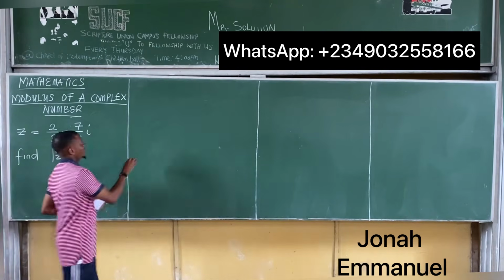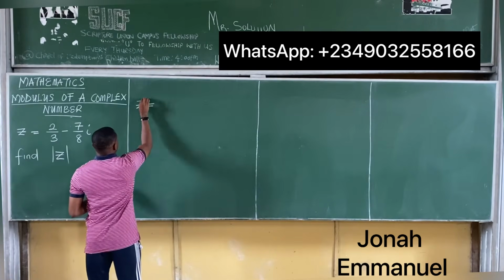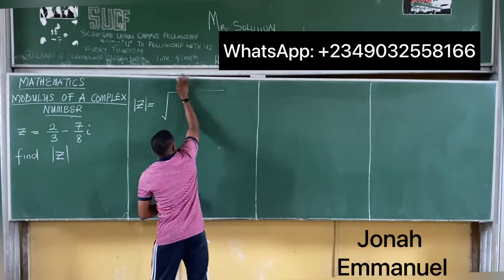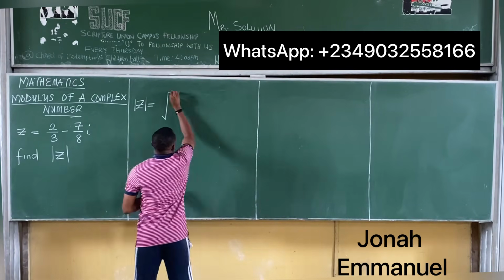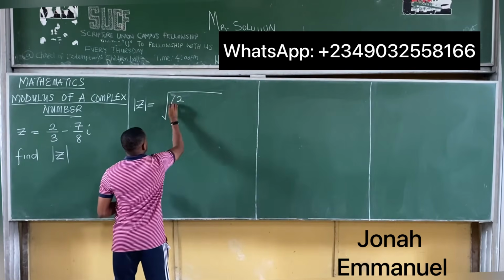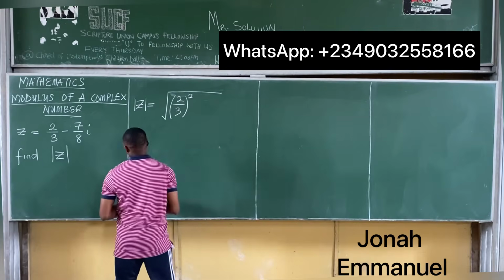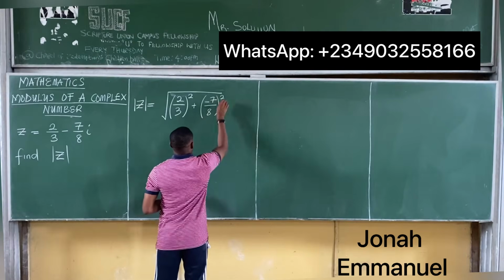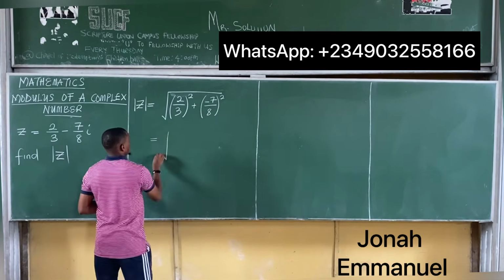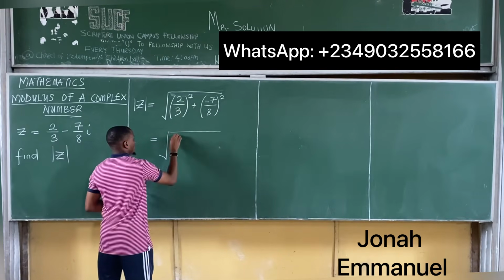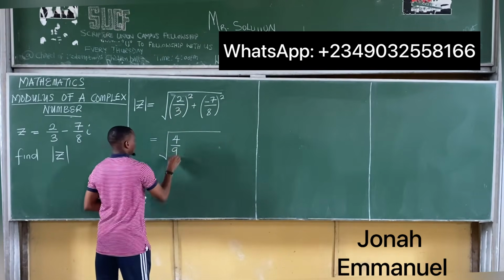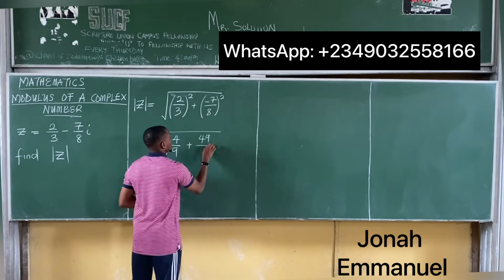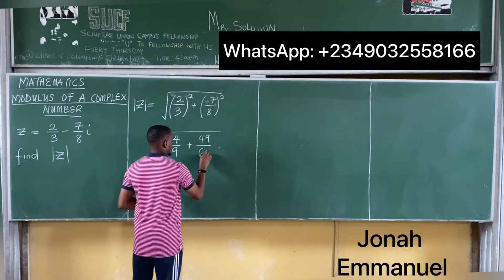This is as simple as we said: the modulus of z would be equal to the square root of the first term there, 2 over 3 all squared, plus the next term there, minus 7 over 8 all squared. This is equal to the square root of 2 squared is 4, 3 squared is 9, plus minus 7 all squared is 49, all over 8 squared is 64.